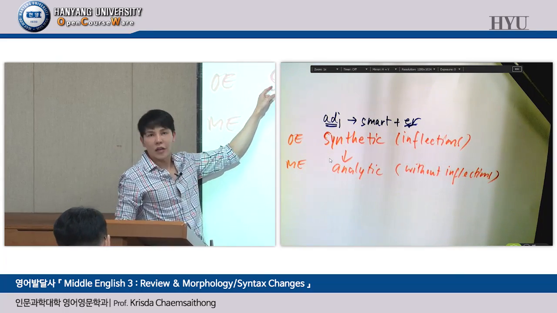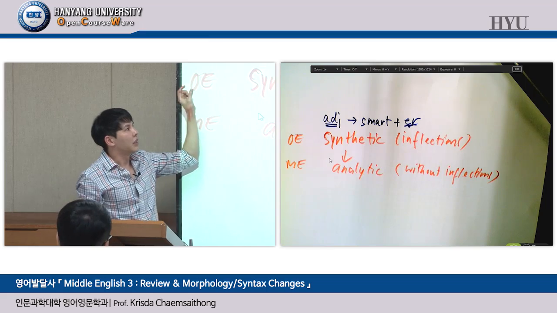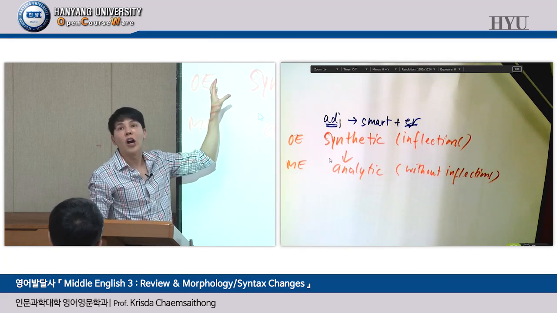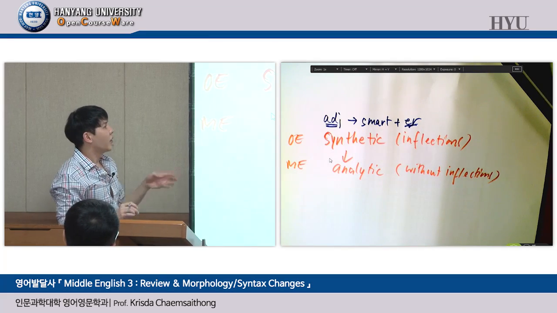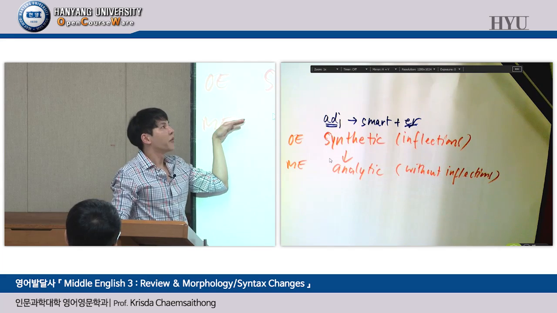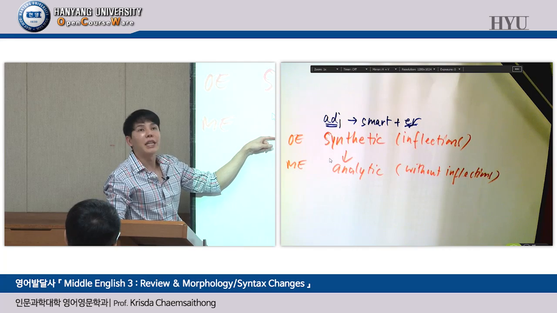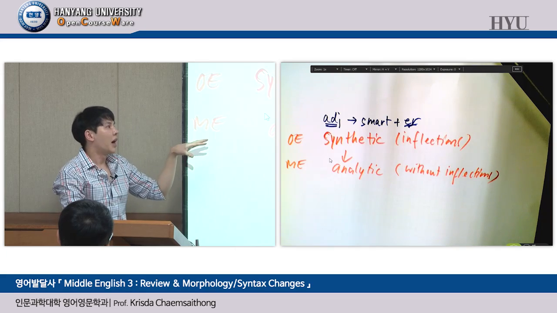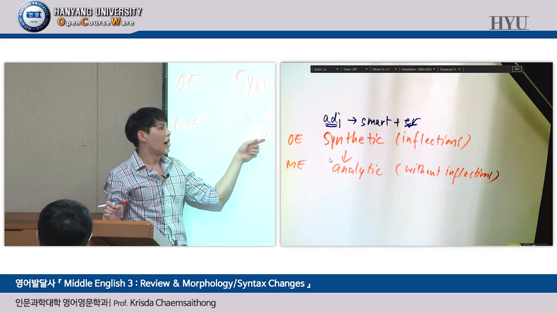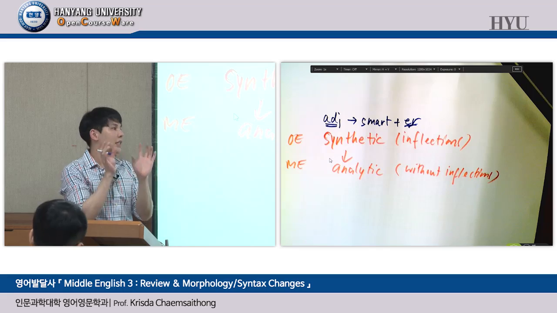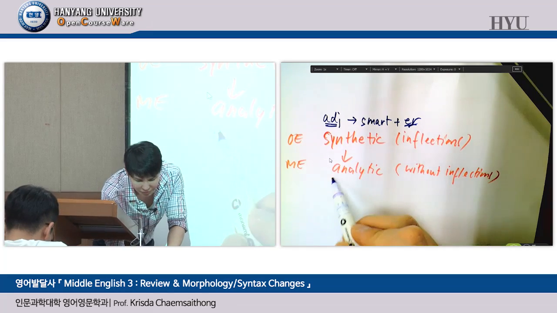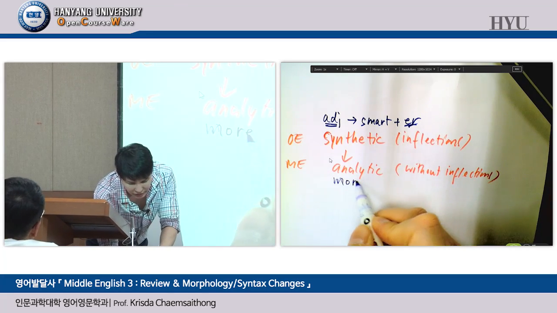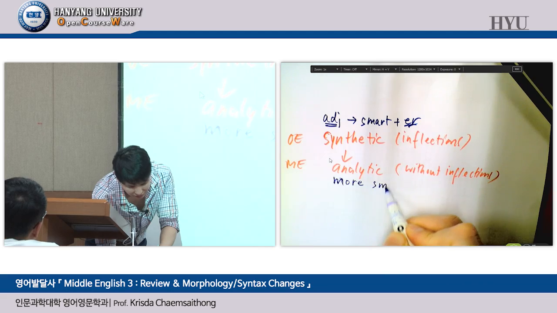That's synthetic, because you inflect the adjective with the er ending. Now in Middle English, there's a move from synthetic to analytic, meaning that you don't use the inflections anymore, but you tend to use a separate word. So rather than smarter, you change it to, let's say, more smart, like that.